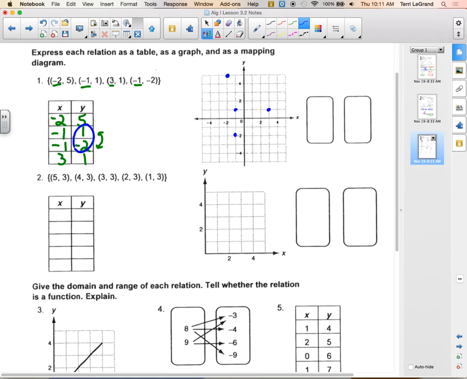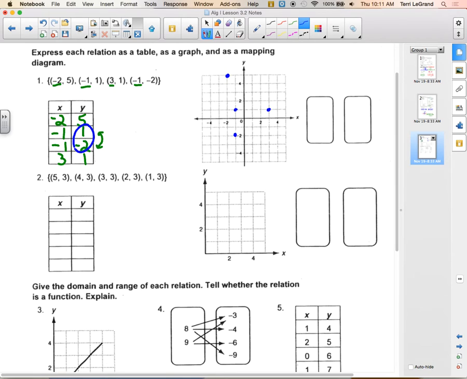When you're done, see if you agree with my points on the graph. I might be wrong. You're right. No, you got it. Yeah, my notes are wrong. I'm looking at my notes. I've got to get those straightened out.